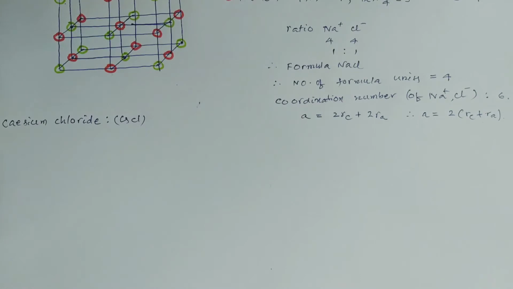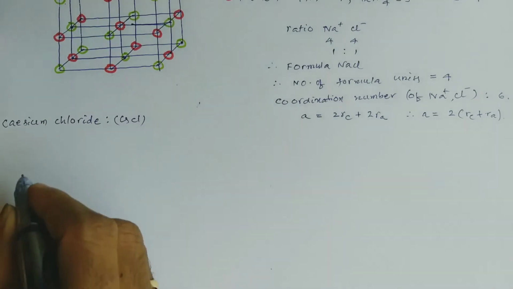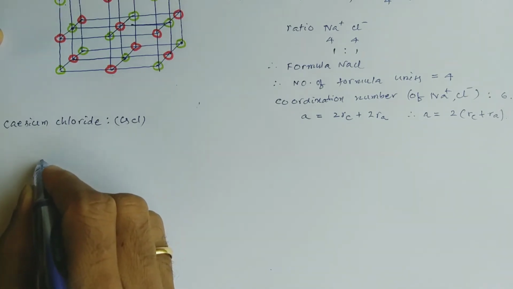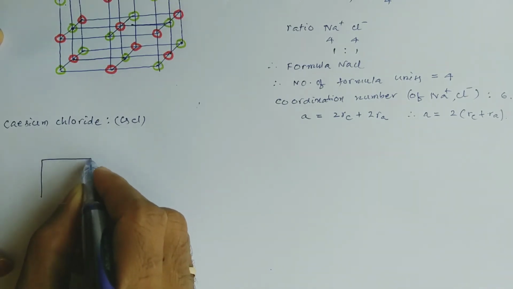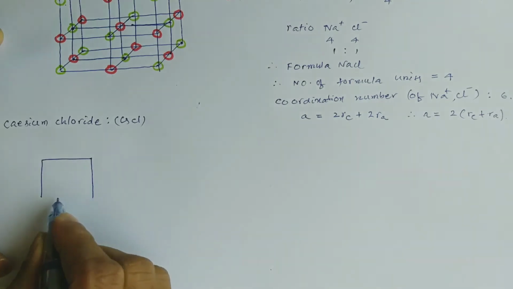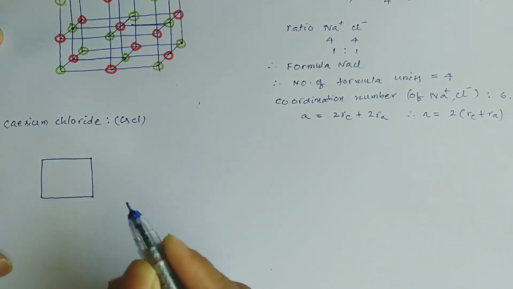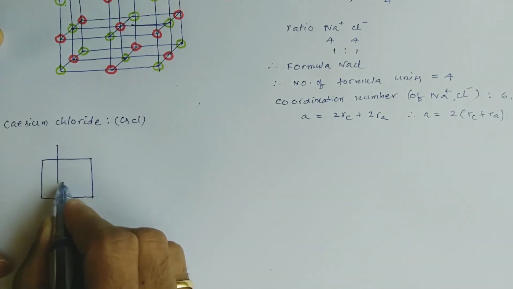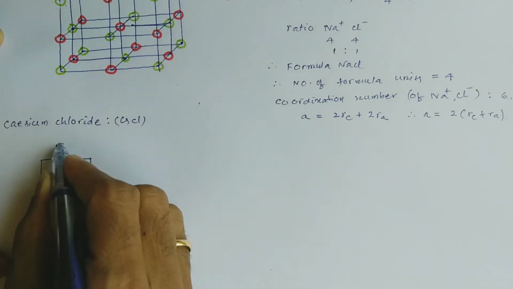Cesium chloride has a body centered cubic structure, where chloride ions form the body centered cubic lattice and cesium ions occupy the body centered position. So here you can see the structure.